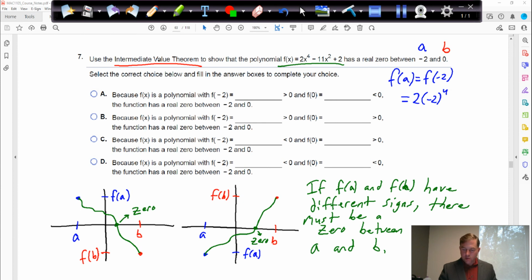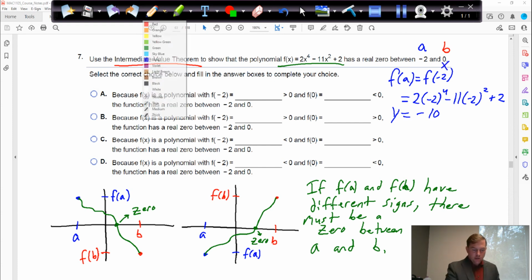So it's 2 times (-2) to the 4th, minus 11 times (-2) squared, plus 2. And if you get this right, be careful with these negatives and powers. If you get all of these correct, you should get f of -2 is -10. Now this is the y value for the x value of -2.